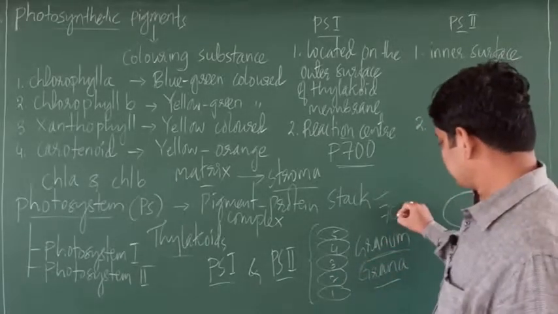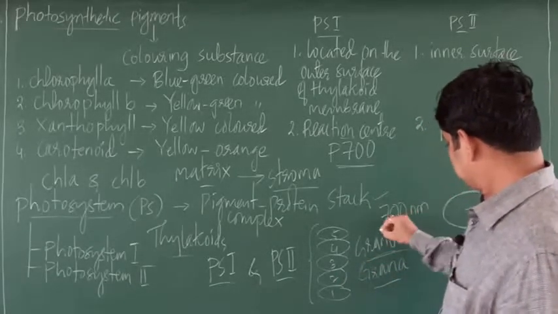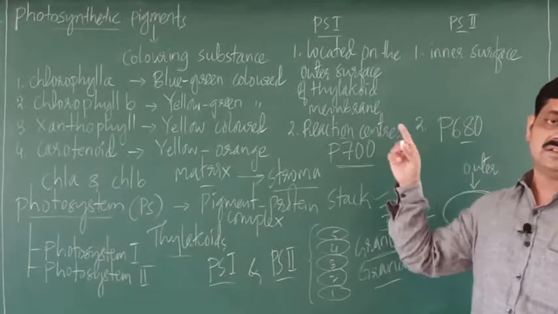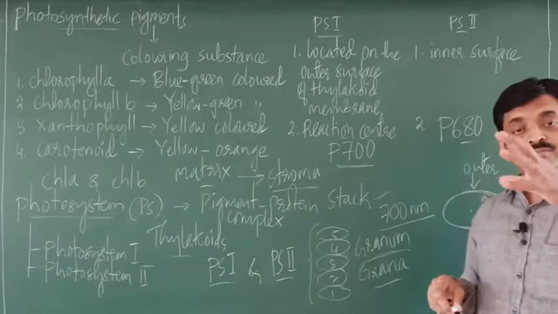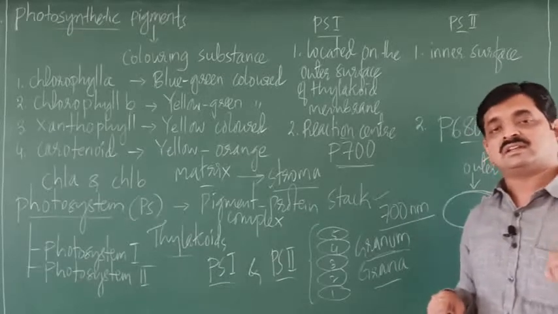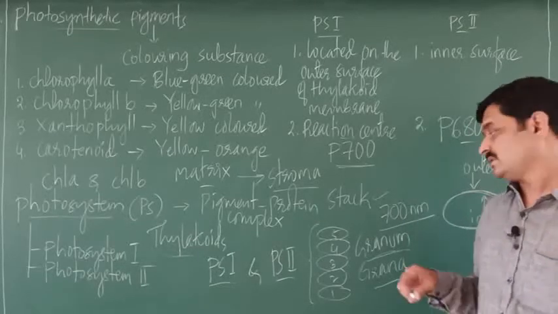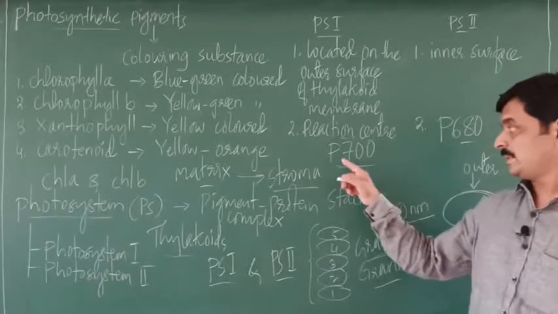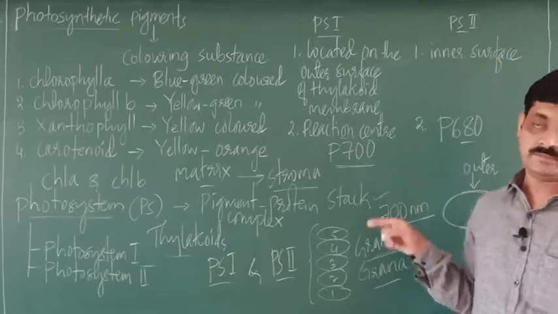So 700 nanometers. This reaction center in photosystem 1 absorbs sunlight of wavelength 700 nanometers. That's why it is called P700.